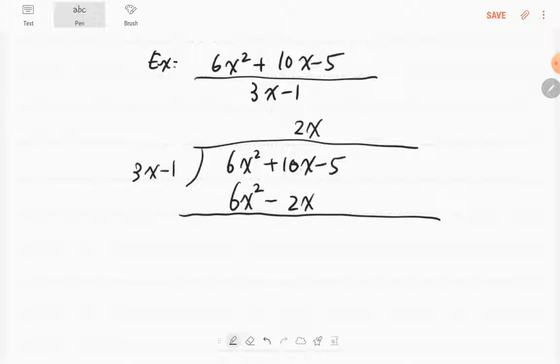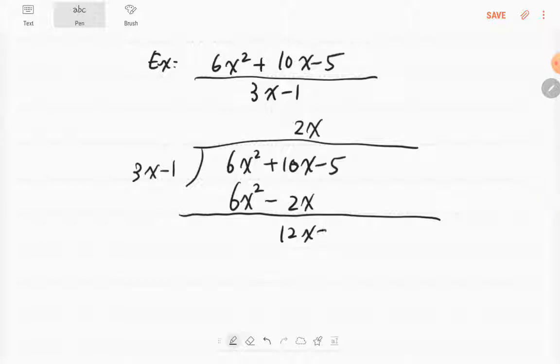So 10x subtract negative 2x, which means we should plus the opposite. Subtracting a number means we should add the opposite. So 10x subtract negative 2x means 10x plus the positive 2x. So we actually will get 12x.